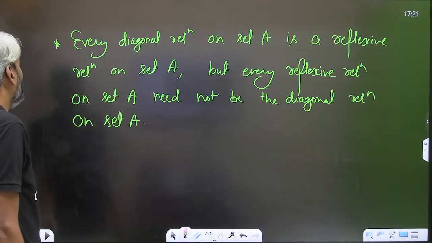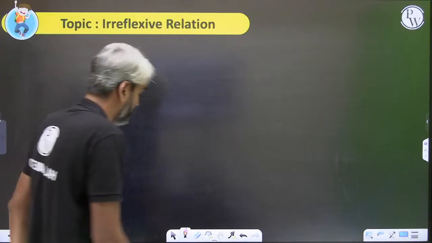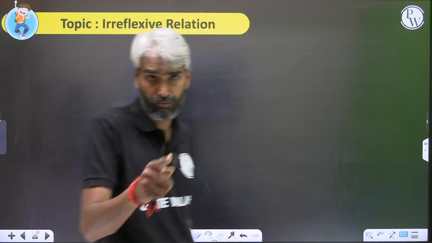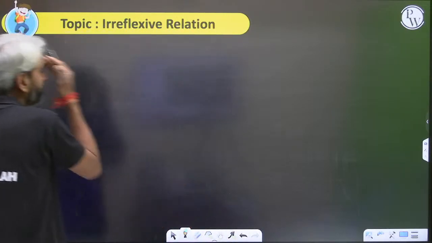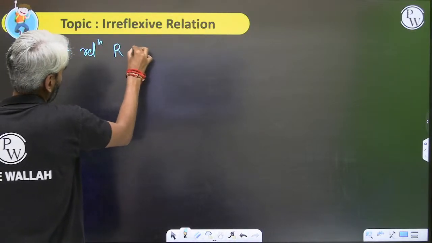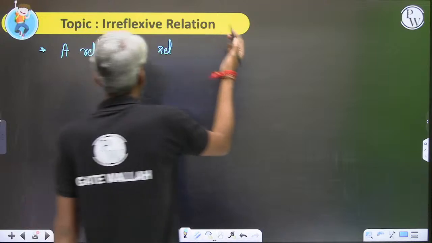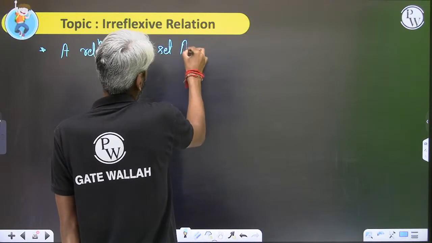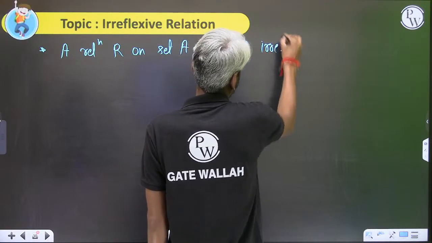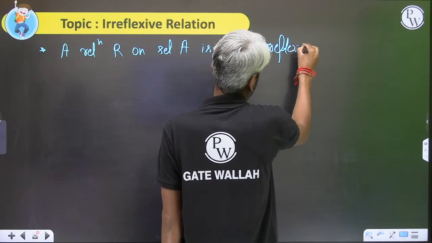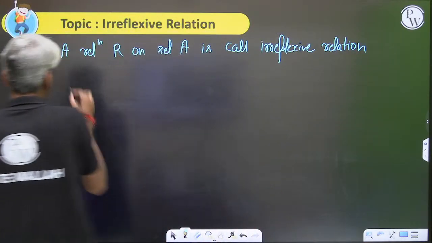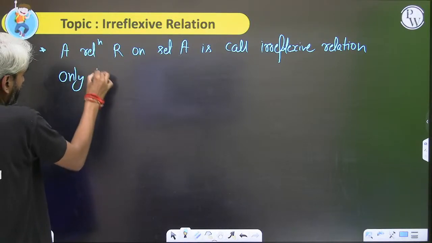Let's try to understand irreflexive. Sir, is it the case that a relation which is not reflexive is irreflexive? No, not necessarily. So please try to understand irreflexive. A relation R on set A is called an irreflexive relation only if, what is the condition?